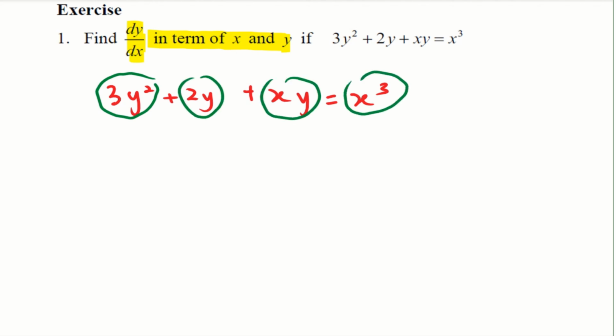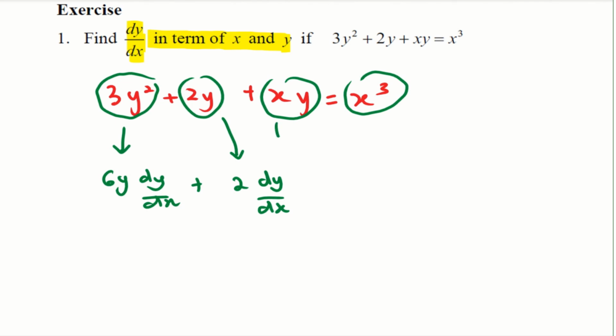Okay, first term ni boleh direct differentiate, we get 6y dy dx. Second term we get 2 dy dx. But third term we need to apply product rule. Since x darab dengan y, ini darab y ya. So jadi kita kena apply product rule.